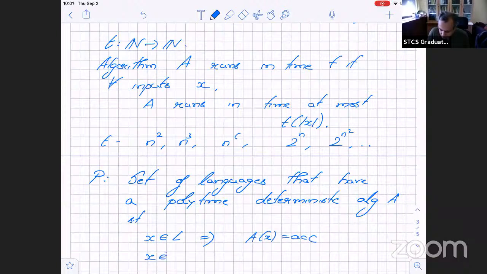If X is not in the language, then A of X rejects.